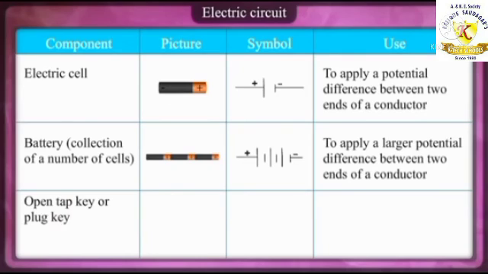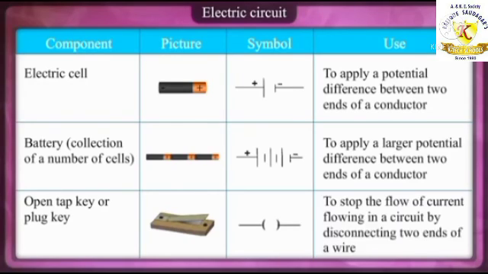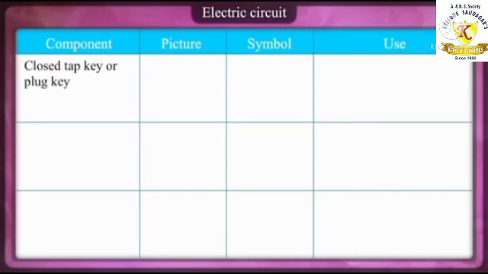Next component, open tap key or plug key. Picture, symbol, use: to stop the flow of current in a circuit by disconnecting two ends of a wire. Next component, closed tap key or plug key.